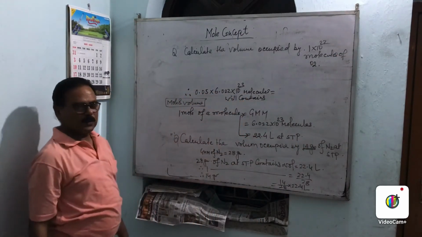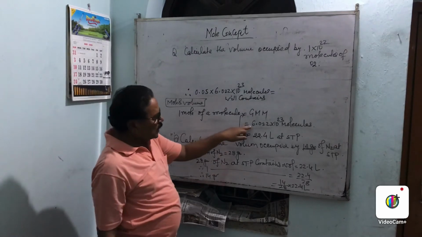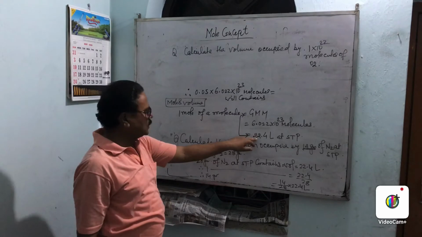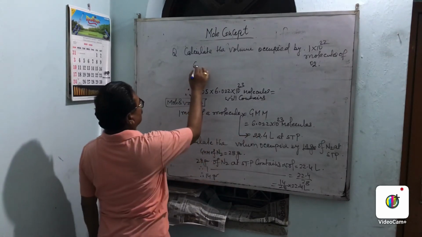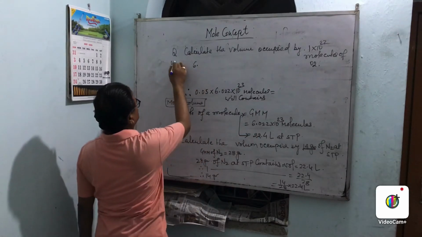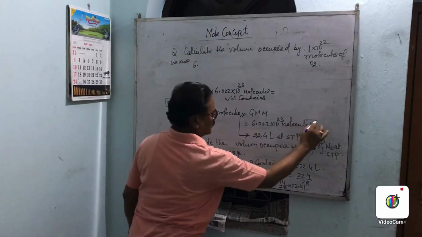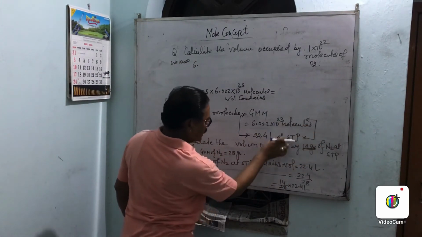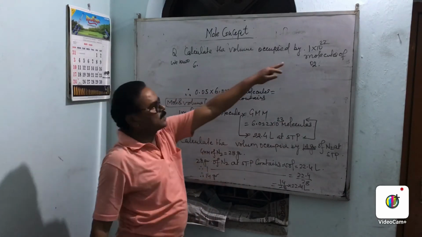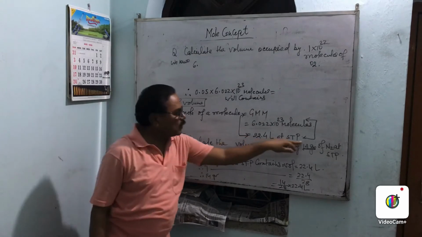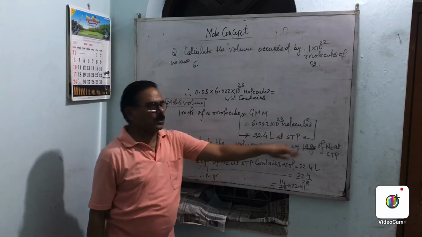Is it clear? Here molecules are given, and we have been asked to calculate the volume. So what is the relation? We know 6.022 into 10 to the power 23. From this relation, we correlate this and this one. Because this data is given, molecules are given, and in the question it is asked to calculate the volume, we are able to calculate the volume.